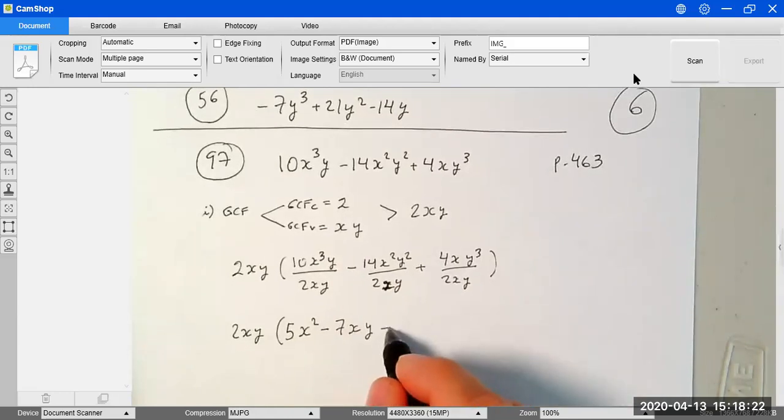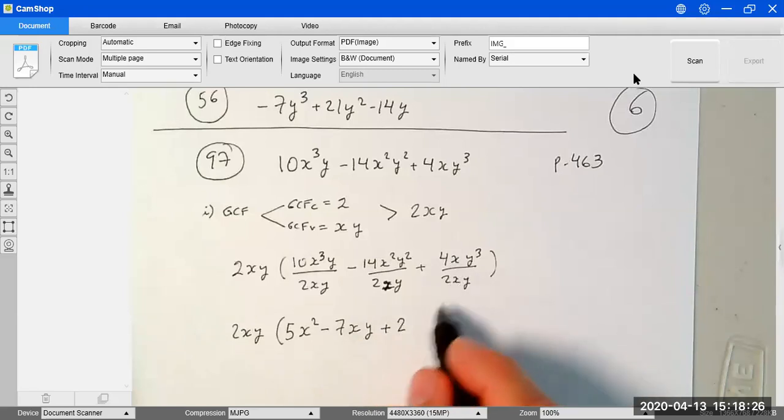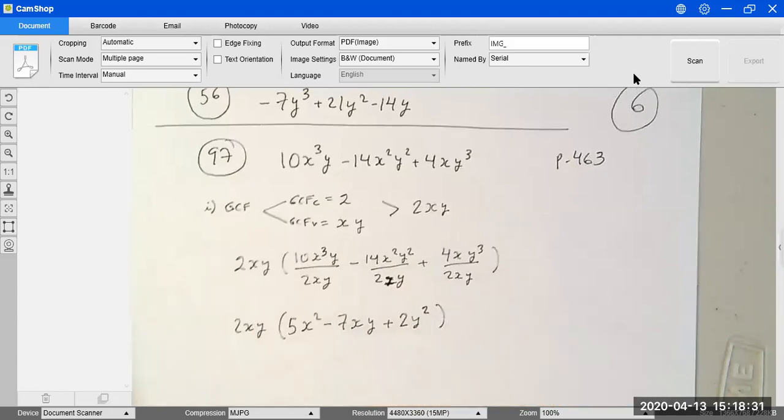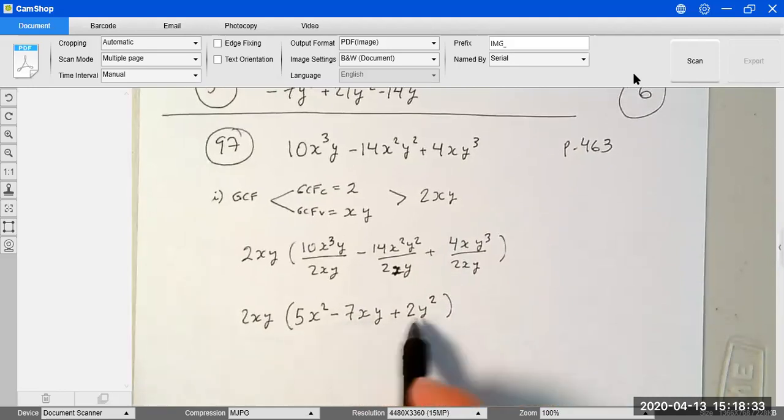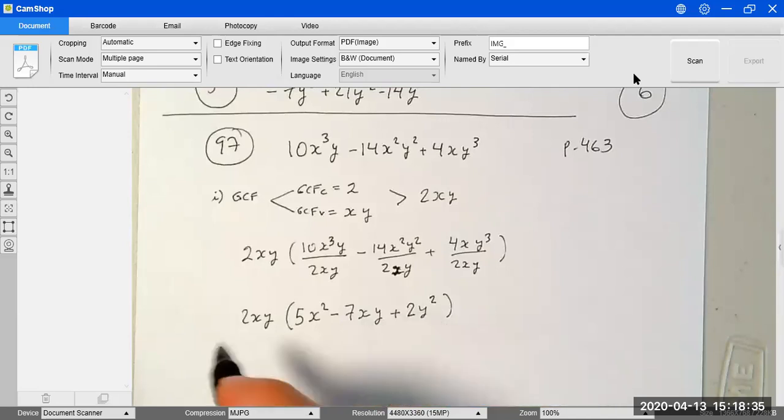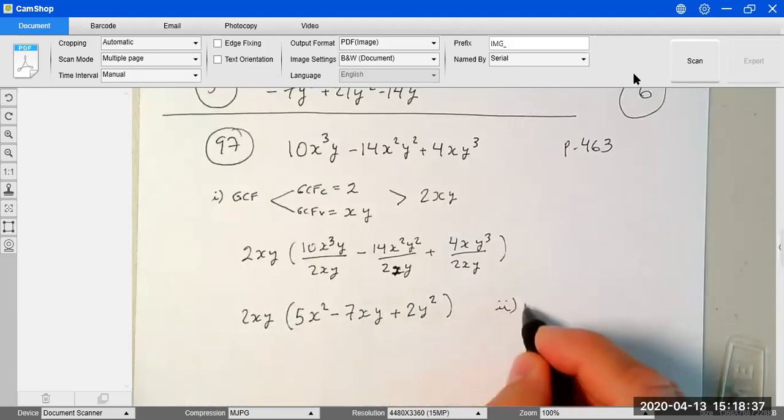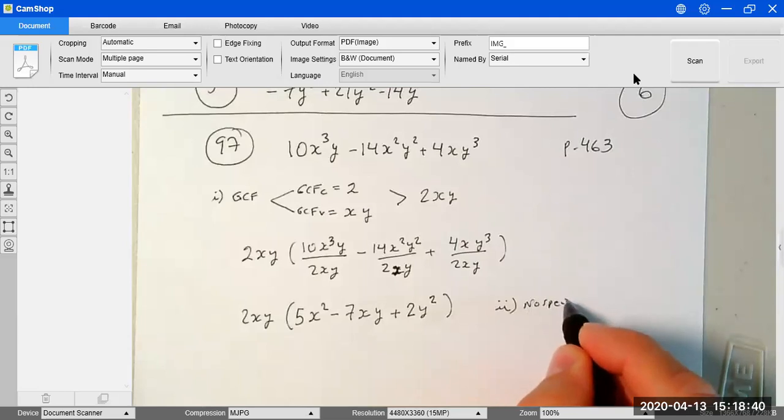Then finally I have 4 over 2 is going to be 2, x cancels, so I end up with only y squared.